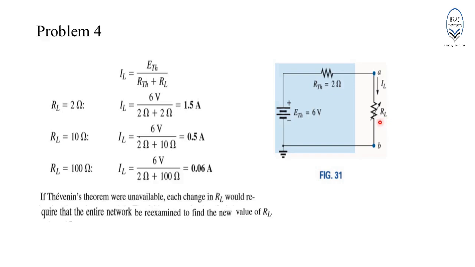If you observe carefully, the load resistance RL has the symbol of a variable resistor. One advantage of the Thevenin equivalent network is that on changing the load RL, we can easily determine the current IL flowing through this branch.